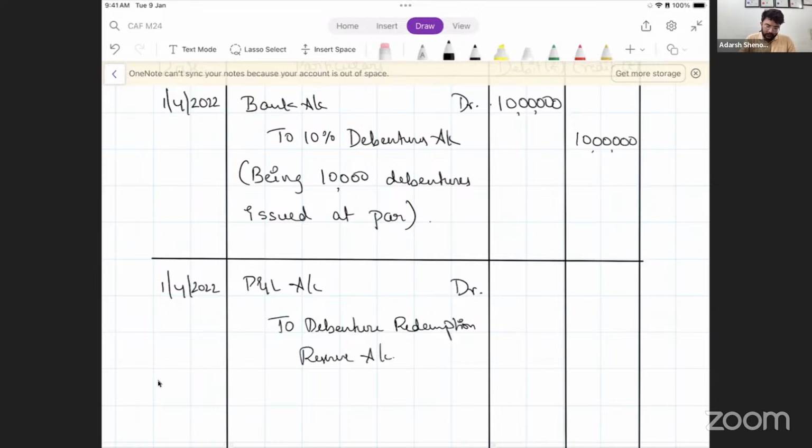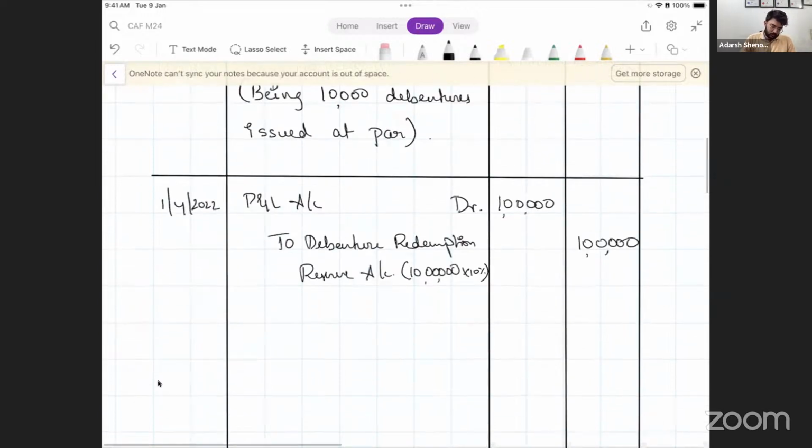So 10% of 10 lakhs, 1 lakh. Being DRR created as per the provisions of the Companies Act.